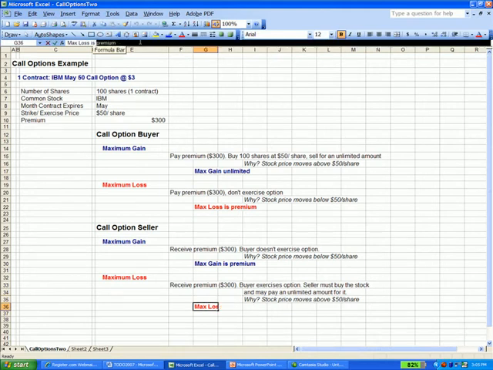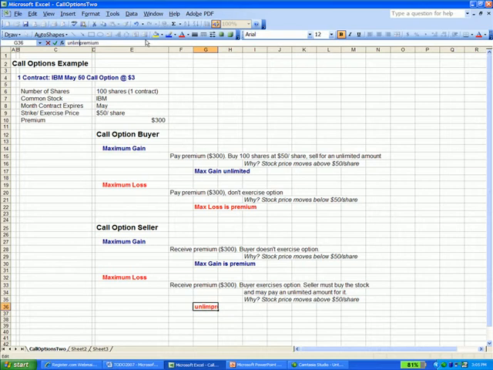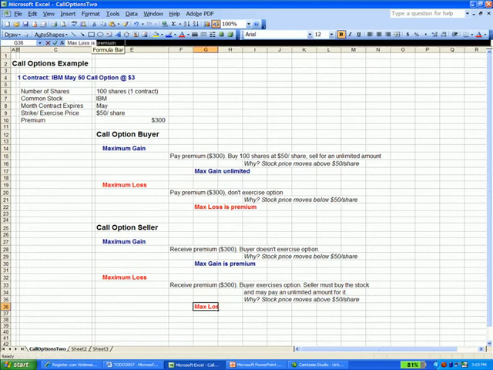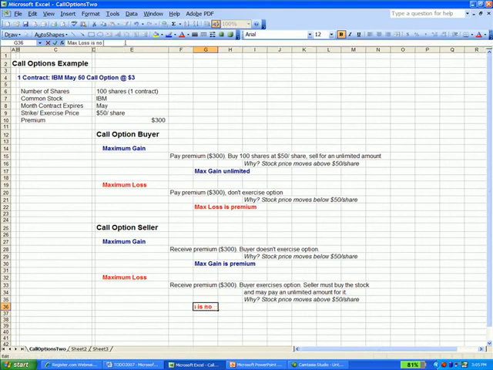Maximum loss is unlimited. Hang on just one second. We'll change that and correct it. In the interest of time, I'm just going to put maximum loss is no limit.